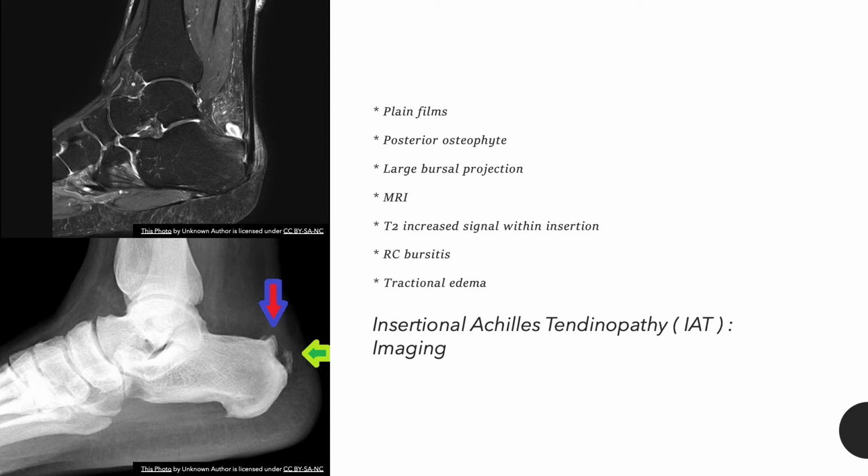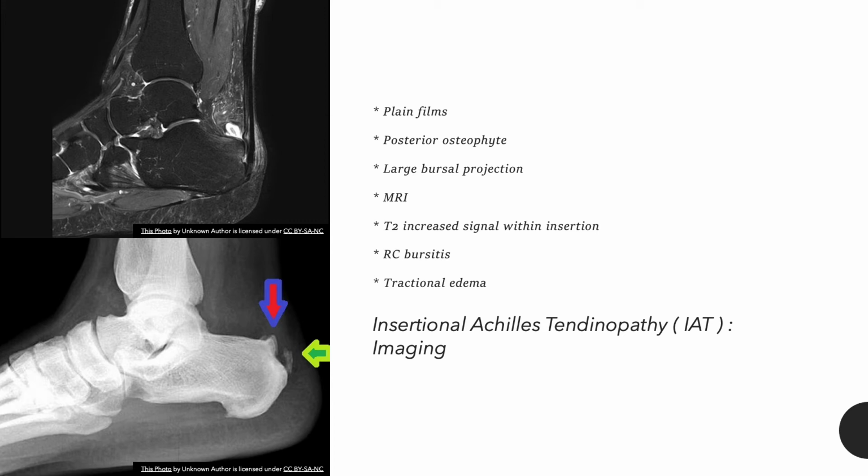With regards to imaging, we all, I think, routinely obtain weight-bearing foot or ankle films, or both in these patients. Prototypical of these patients is that pathognomonic posterior osteophyte, and most of the time a large bursal projection.